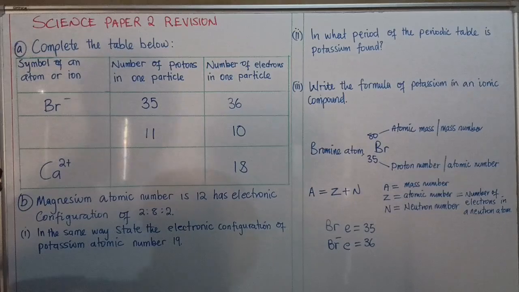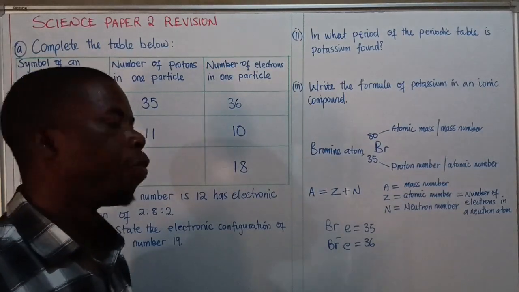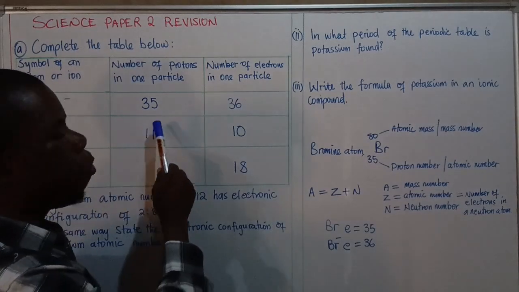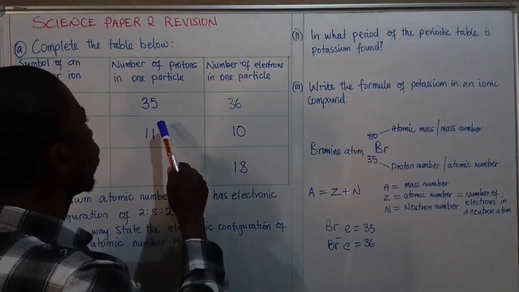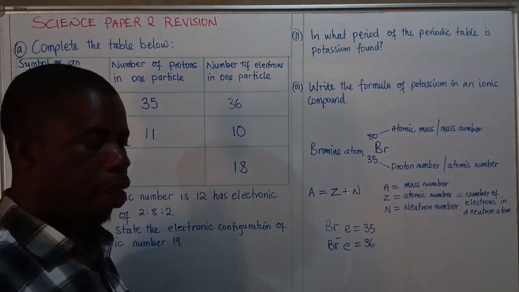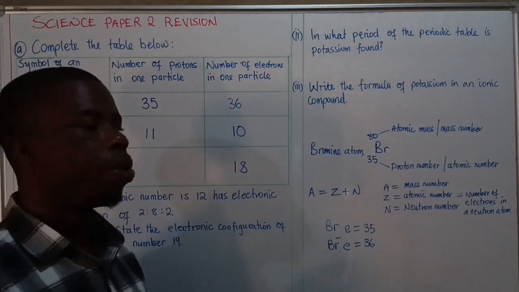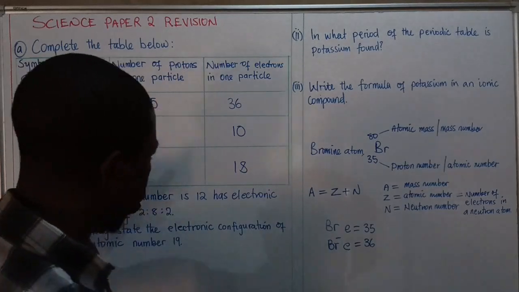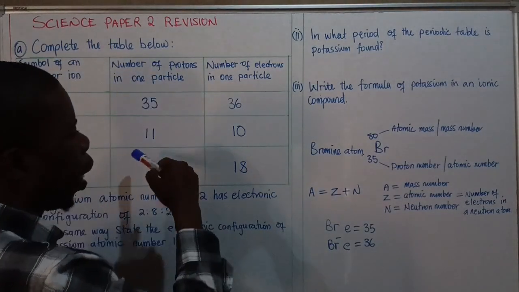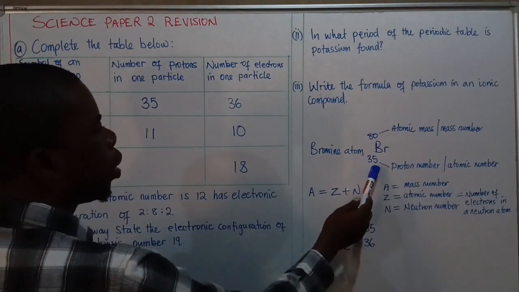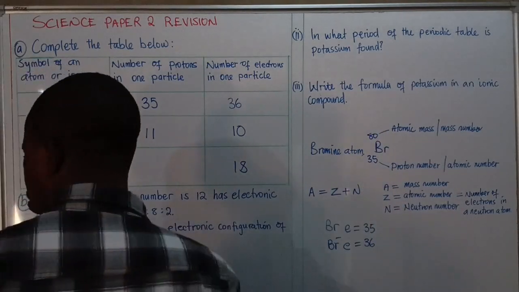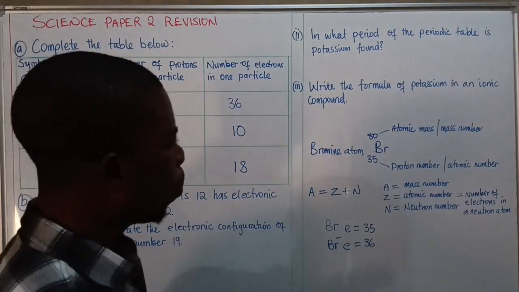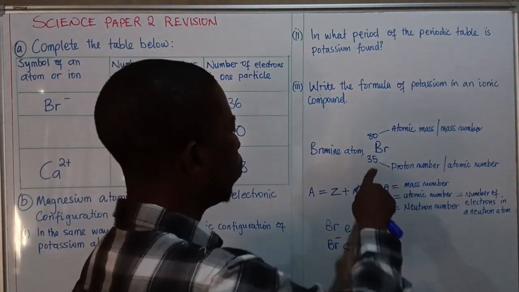What will help us to identify this atom is the number of protons. These questions are simple because in an exam there is also a periodic table. You just go to the periodic table and locate the element which has 11. So when I go to my periodic table, I'll locate the one which has 11 down there.